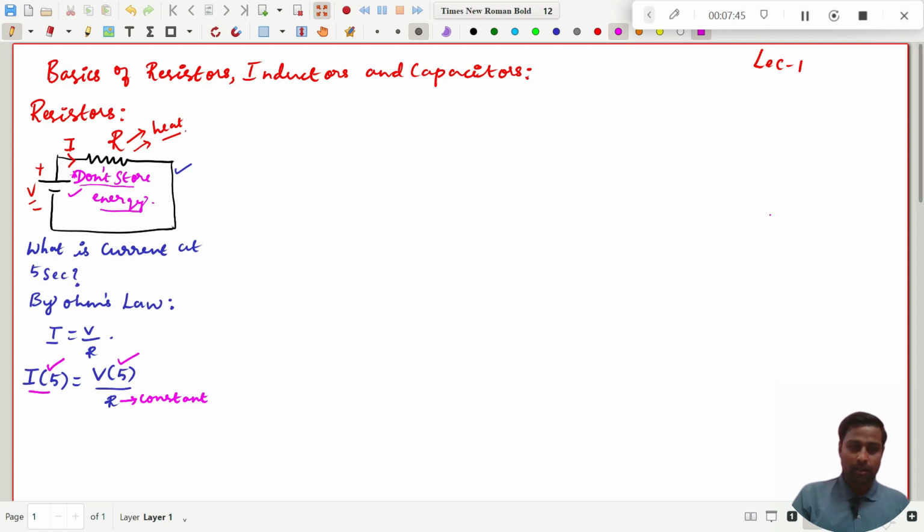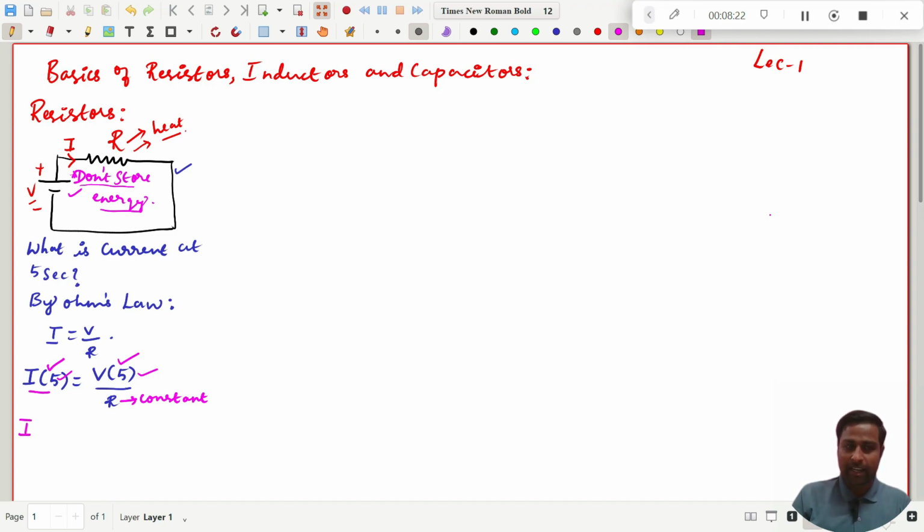So now you come to this point. If I want to find the current at 5 seconds, I don't need the voltage before 5 seconds. Why? Because my resistor will not store any energy. It doesn't know what happens before that instant. Now I will consolidate and write the formula for the resistor in a general way.